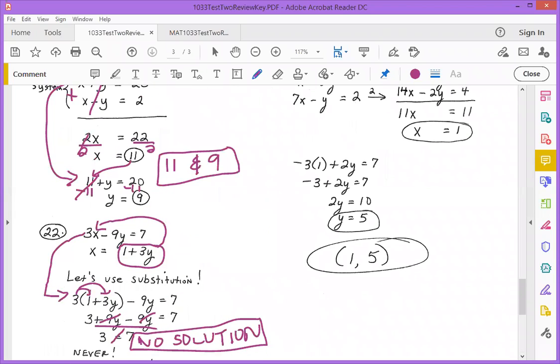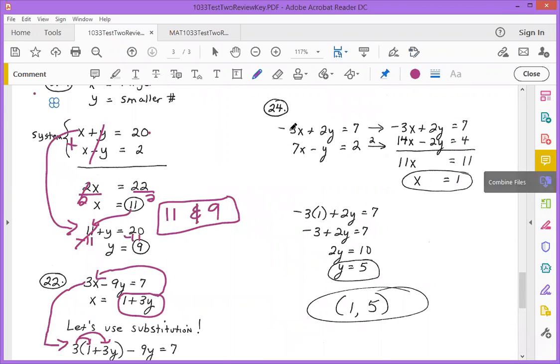Now for the last problem, 24, we have negative 3x plus 2y equals 7, and 7x minus y equals 2. We're going to adjust the y term in this second equation by multiplying by 2. We see a positive 2y above it. We can make that bottom y a negative 2y if we multiply by 2.